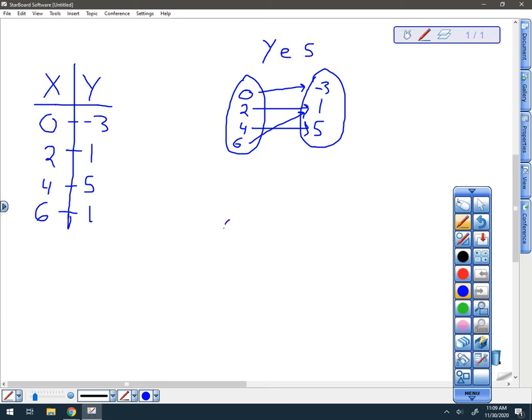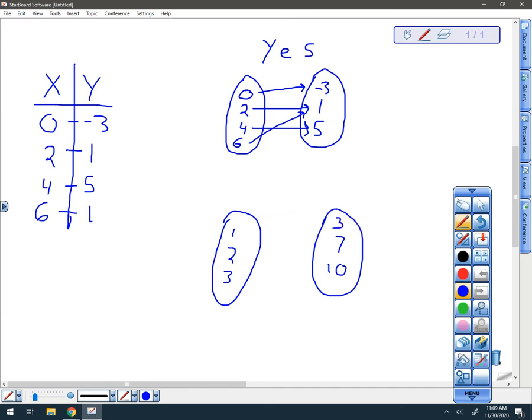All right. However, here's an example of a no. Man, these ovals are terrible. If I had 1, 2, 3, and then 7 and 10, we'll add another number in here.